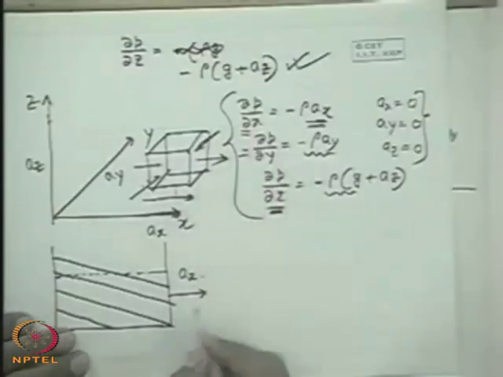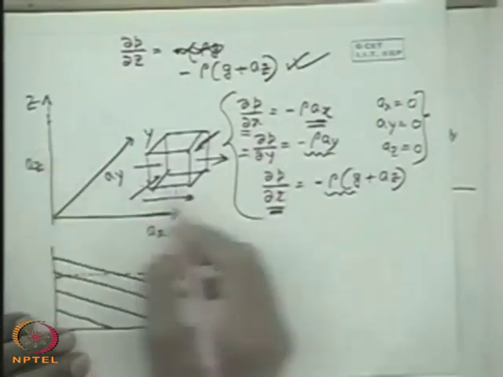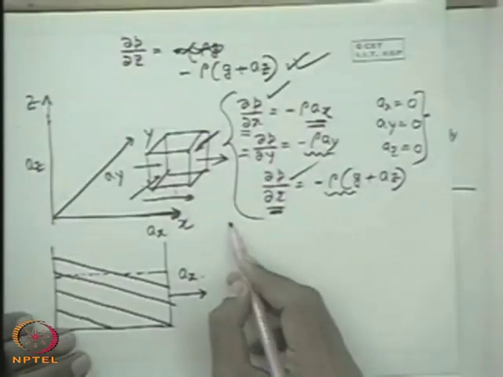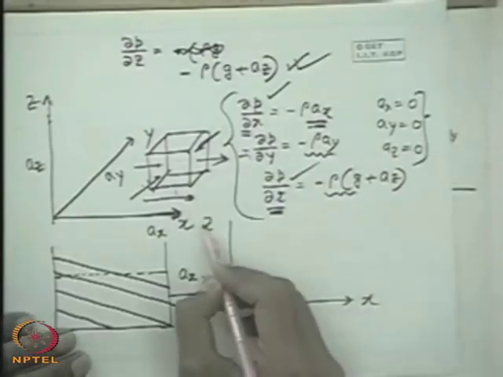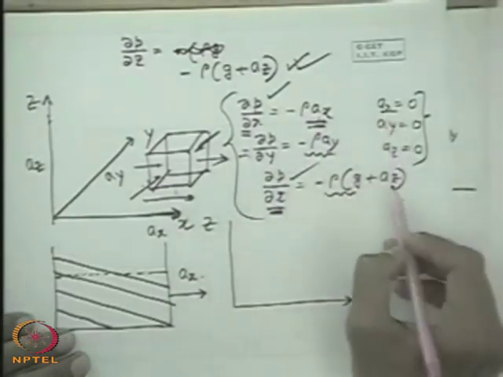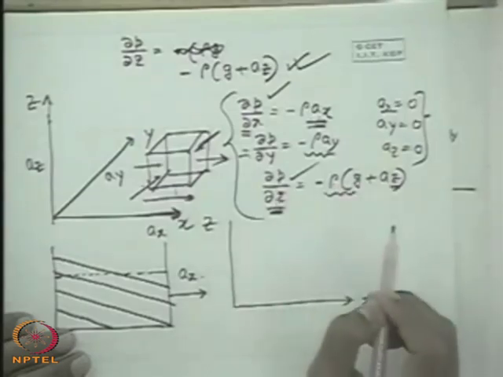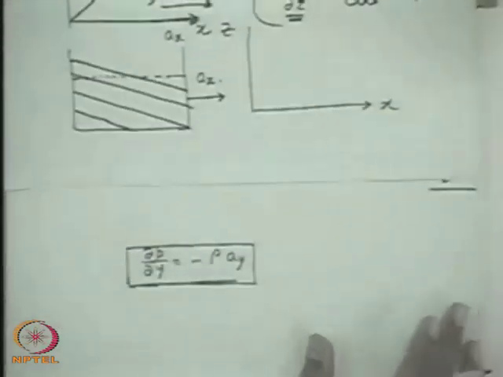Let us consider a two-dimensional problem first, for simplicity, that means x and z. If we see a two-dimensional problem with ax, az non-zero, we see del p del z is minus rho g.